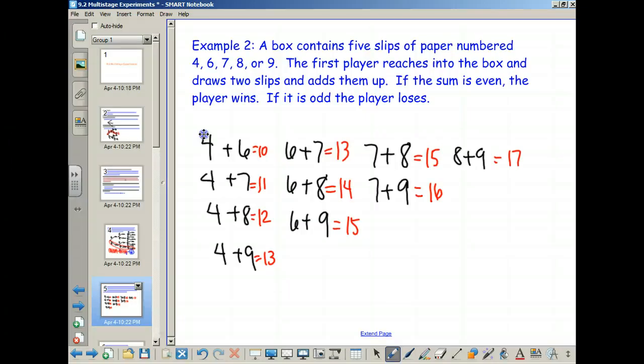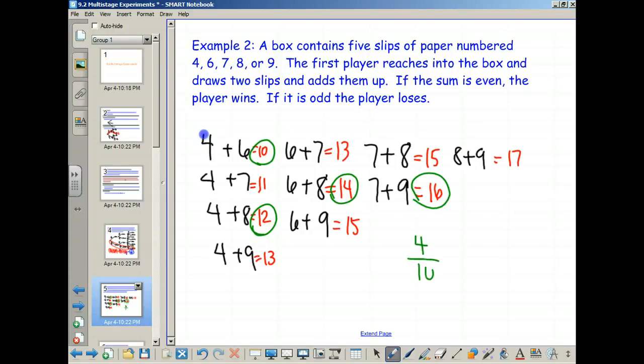Even. So this one's even. This one's even. That one's even. And that one's even. Okay, so how many of them were even? 4 out of 10.